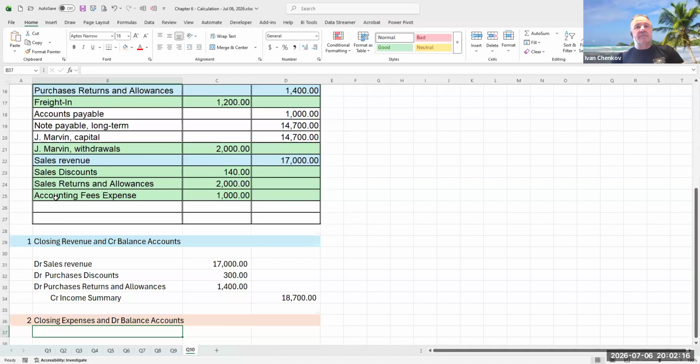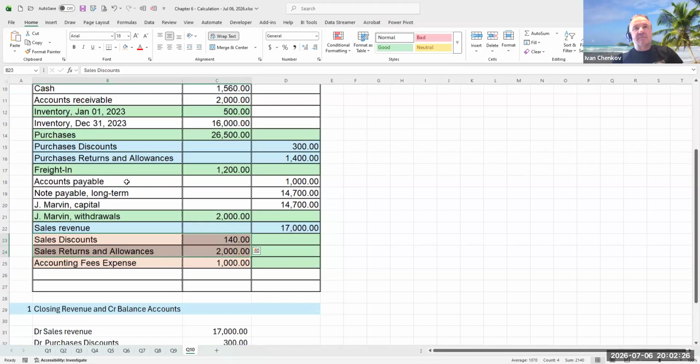This is our expense, correct? So we have to close this account, plus the sales returns, sales discount, and sales return allowances. Plus I have to close the purchases and freight account, which I forgot to close today during the live lecture.